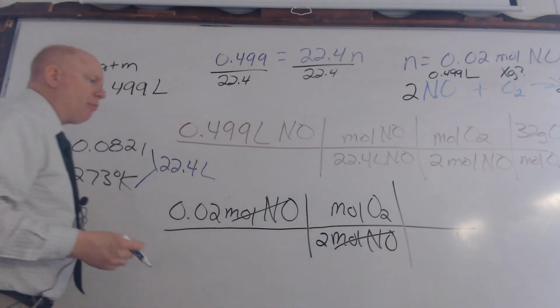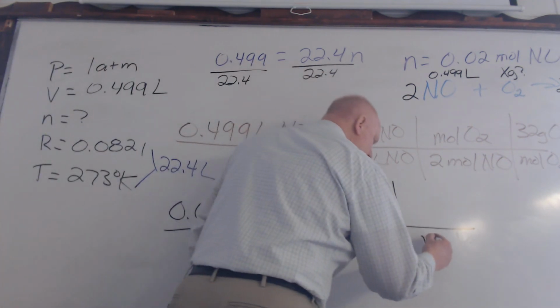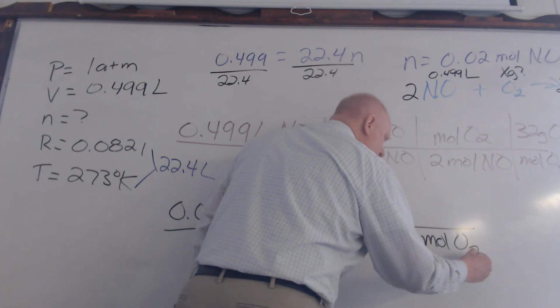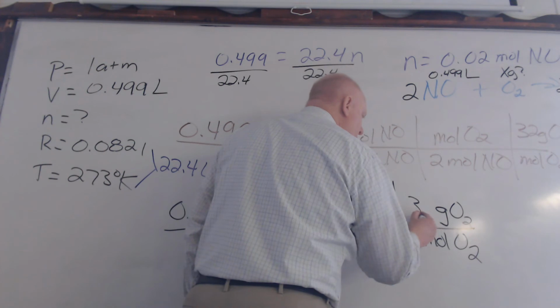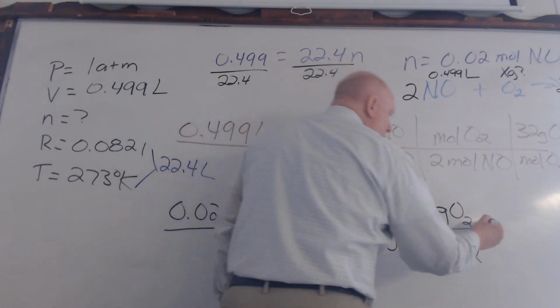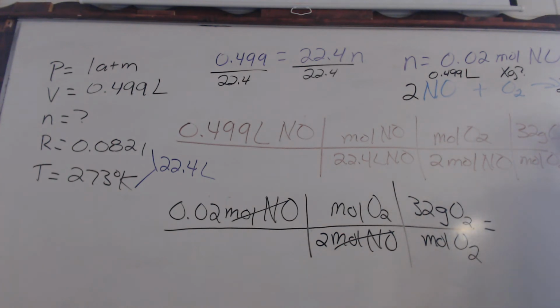And this is where that practice of carrying that 2 every time will help you out, because for every mole of O2, how many grams do you have? 32. So then when you multiply this number, or you just use the dimensional analysis, it's 2 different ways of solving the exact same problem.